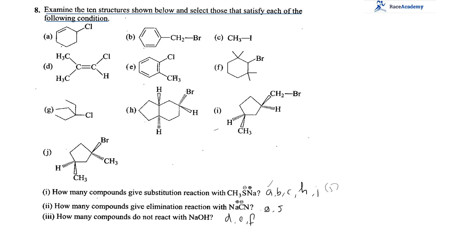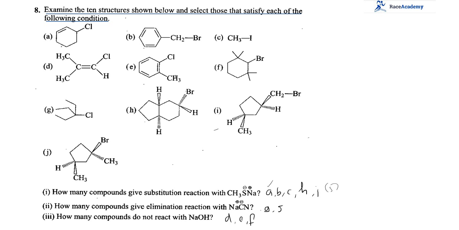How many compounds give an elimination reaction with sodium cyanide? Here sodium cyanide can react with G and J, as this chlorine is linked with branches.